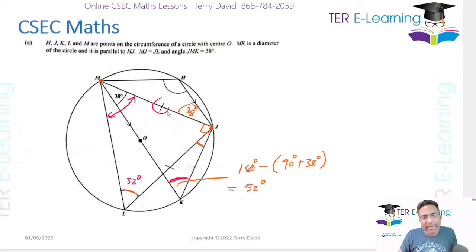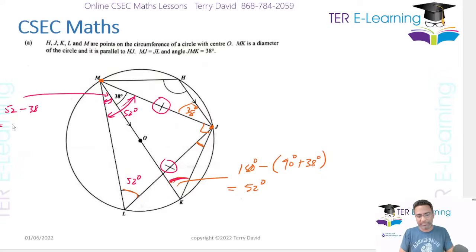How do I know that? It's because these two lengths here are identical. So therefore, this whole angle here has to be 52 degrees as well. So I can get this small angle here. This small angle here is going to be 52 minus 38 degrees, and you're going to get 14 degrees.